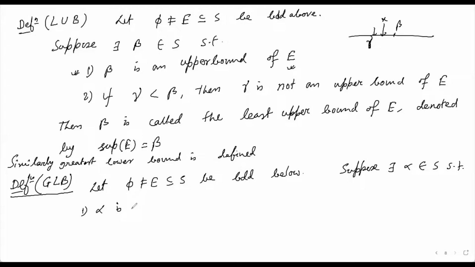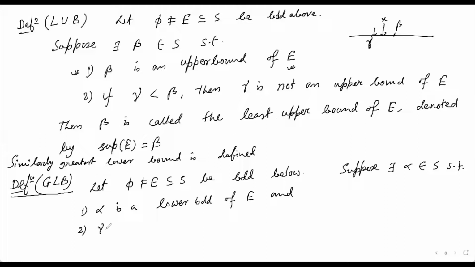Alpha is, first of all, a lower bound, then it is the greatest lower bound. So alpha is a lower bound of E, and it is greatest.